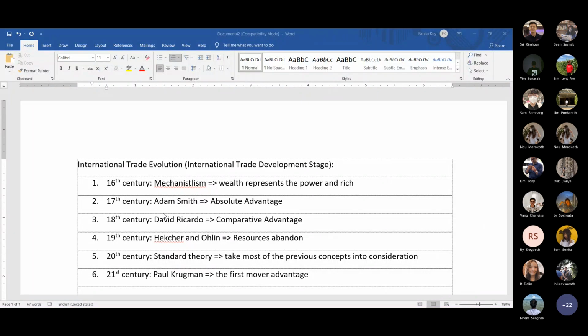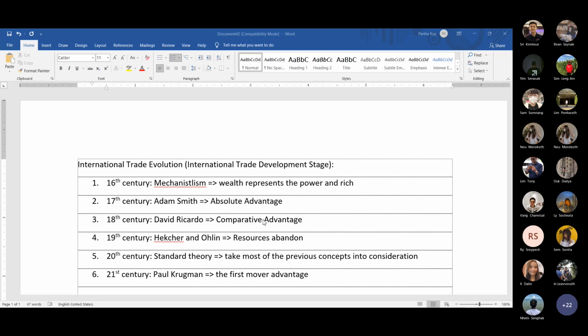Okay, like I discussed with you, this is the trade evolutions, meaning it happened from one stage to another stage. And like I discussed with you also, you need to be aware of why Ricardo could introduce the new concepts.